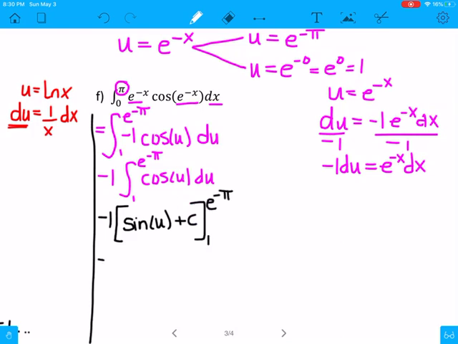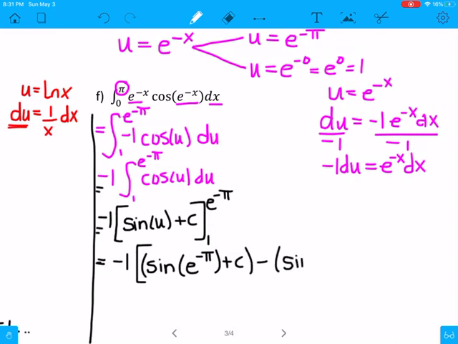I need equal signs. And then I'm going to get negative 1 and do my fundamental theorem of calculus. So sine of e to the negative pi, which is kind of crazy, plus c, minus sine of 1 plus c.